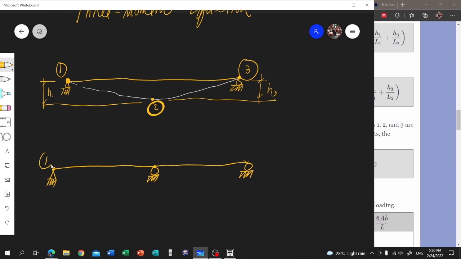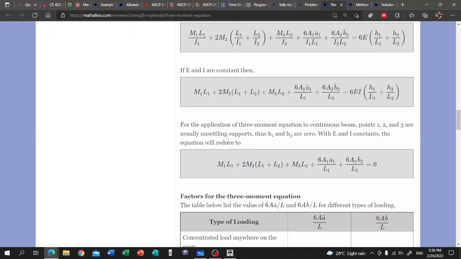Pwede nimo inihimo nga point 1, and then imo point 2, and then imo point 3. Now, take note, if you try to draw the elastic curve, masugad ini. Now, look, the difference in elevation between point 1 and 2 is 0. So, H1 is 0. The difference in elevation between point 2 and 3 is also 0. So, ibig sabihin, H3 is 0.